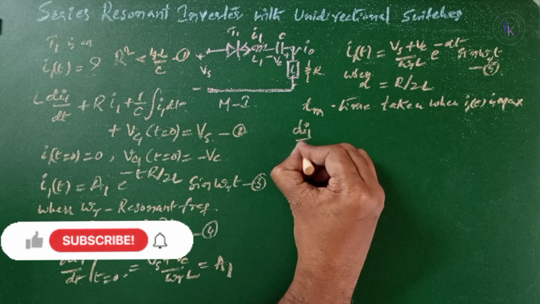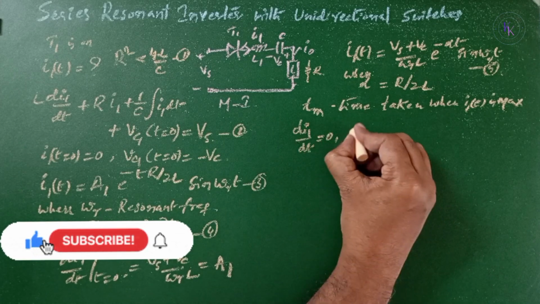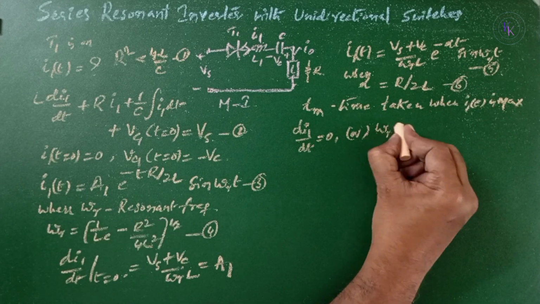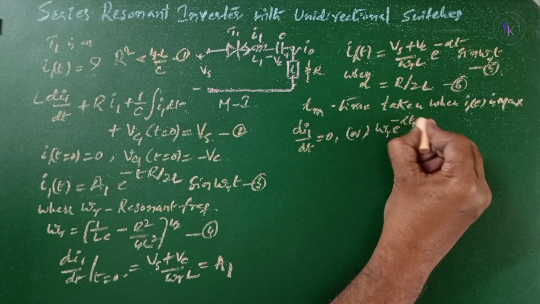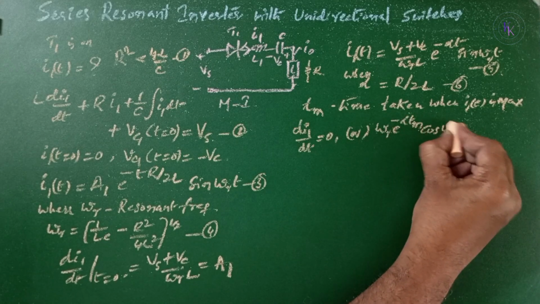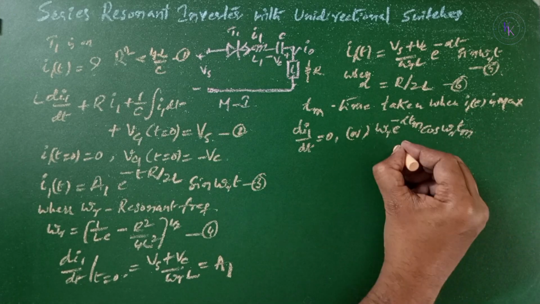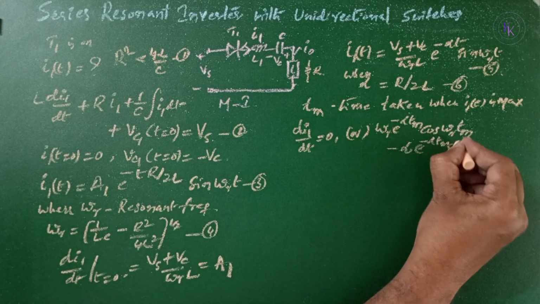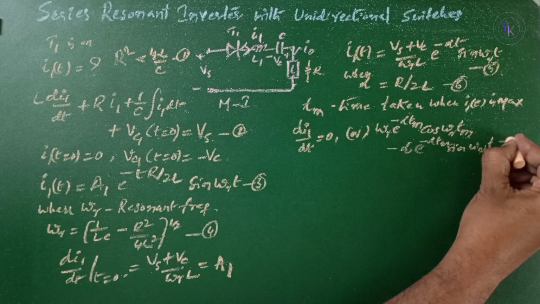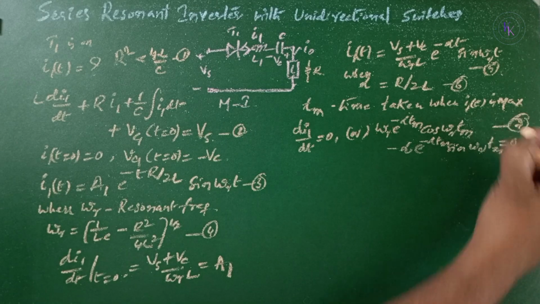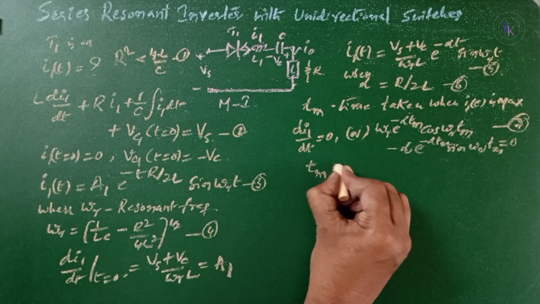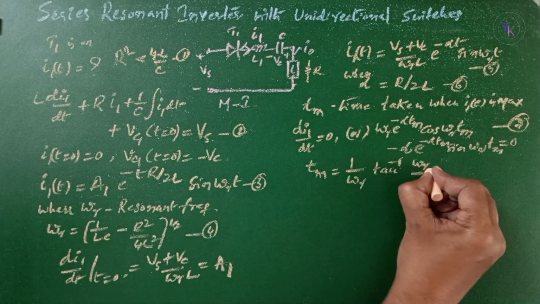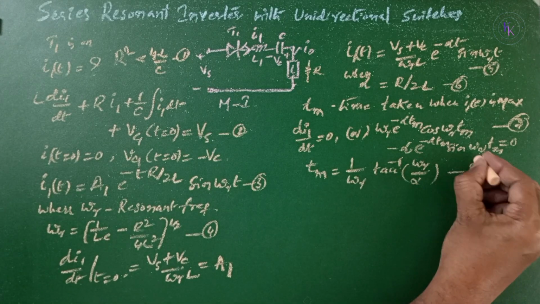To find this, set di1/dt equal to 0; doing that with this equation gives equation number 6: omega R e to the power of minus alpha Tm cos omega R Tm minus alpha e to the power of minus alpha Tm sine omega R Tm equals 0. Let this be equation number 7. This gives Tm equals 1 by omega R tan inverse of omega R by alpha. Let this be equation number 8.